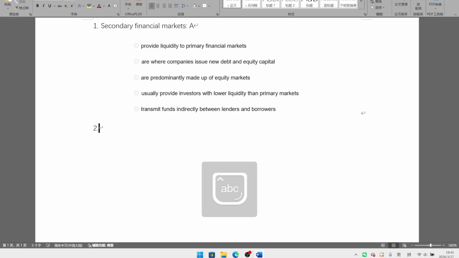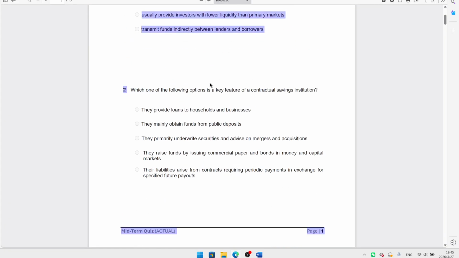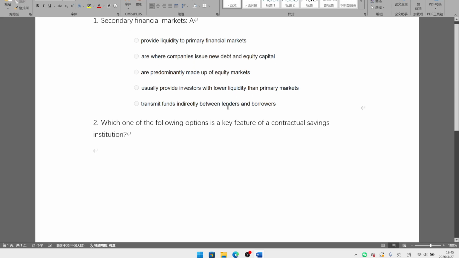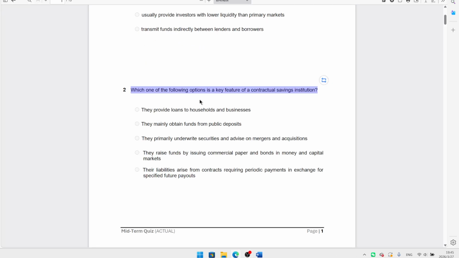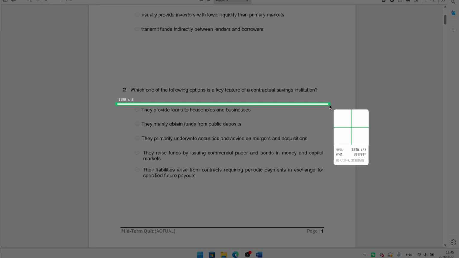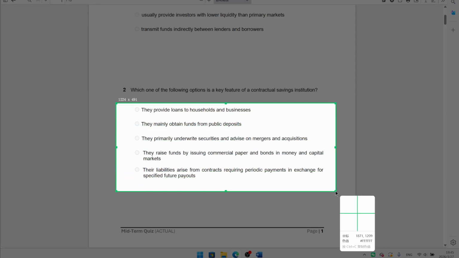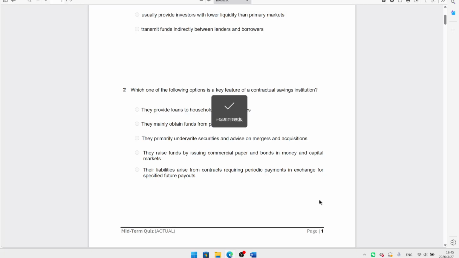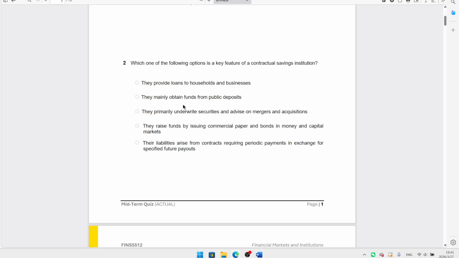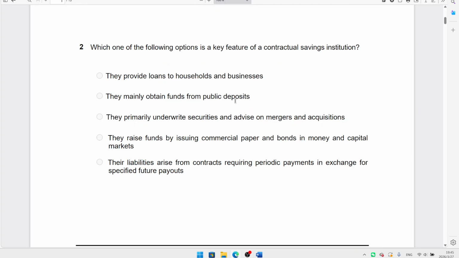So we just need to copy, yes, because I need to leave the answer here. So next one: which one of the following is a key feature of a contractual saving institution? Yes, I need to understand the words of every vocabulary. So tomorrow morning, I have to have a thorough review of the vocabulary list. Which of the following is a key feature of a contractual saving institution? They provide loans to?